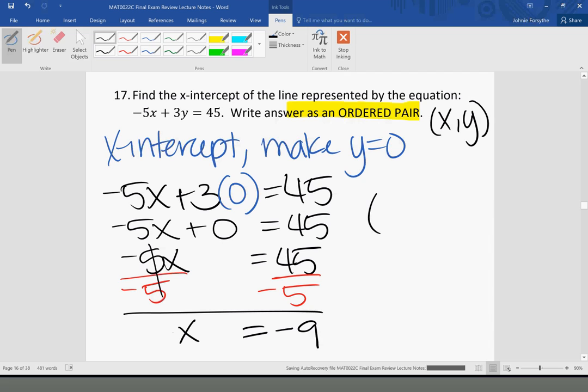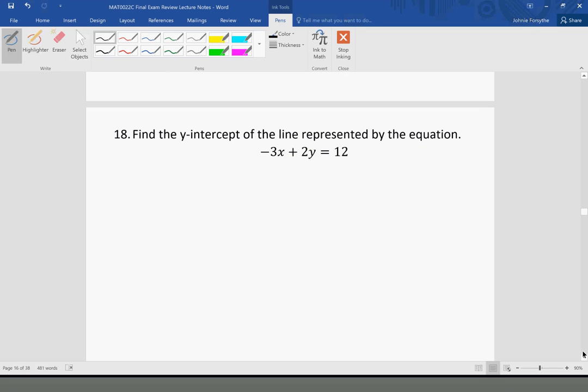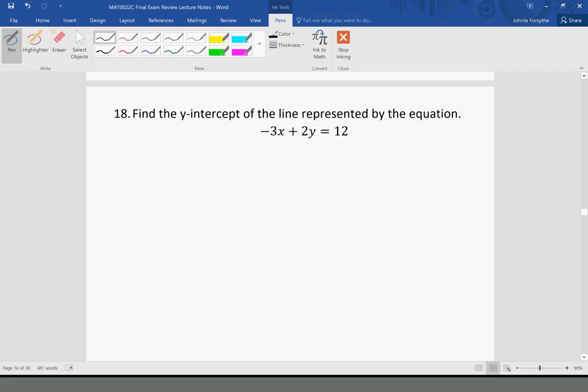So for this, your x-coordinate is negative 9, and the y-coordinate, remember, is 0. So this is going to be your answer, negative 9 comma 0 with parentheses around it. So please type it properly, okay? If you just type negative 9 comma 0 with no parentheses, MAT0022C is not going to read that as an ordered pair, okay?